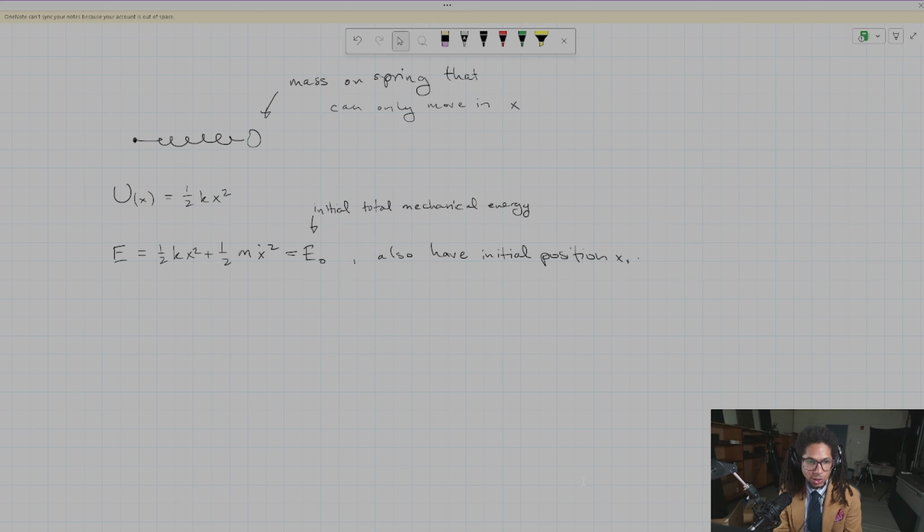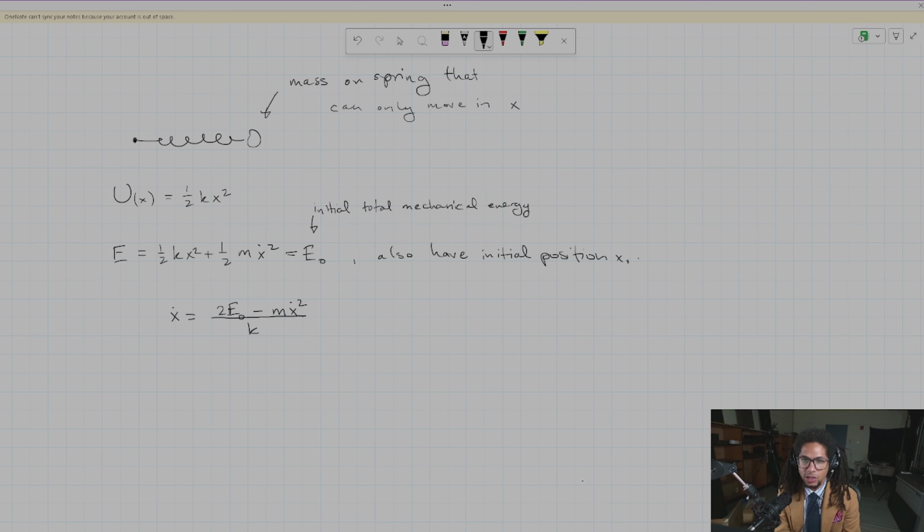So let's rearrange it so that we're solving for x dot. The first thing that I would need to do is move 1/2 kx squared to the other side. Then I could multiply by 2, divide by m. So let me do all of that stuff: 2E naught minus kx squared, all of that over m.